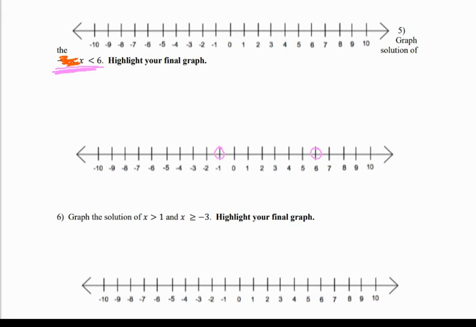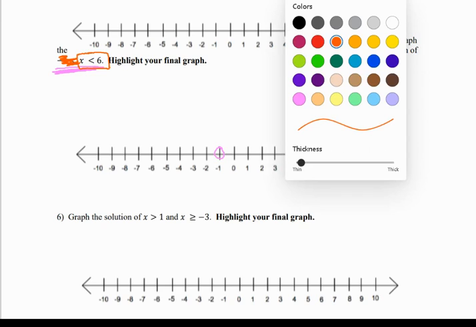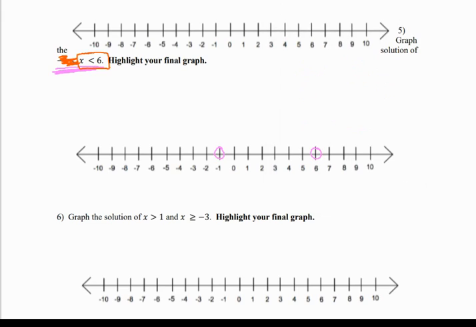But if I was to hide this and I just focused on this part, what is that saying? What did I just box in red? X is less than 6. So where would that pink arrow go from that 6? Would it go to the left or to the right? To the left, exactly. So we're going to start that arrow going to the left.